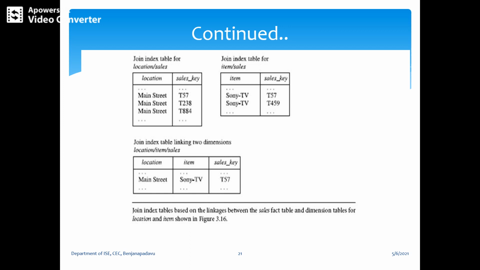Location and item are the dimension tables. So now here is the join index table for location to sales. The main street sales key is T57. Main street sales key is 238. Main street sales key is 884.